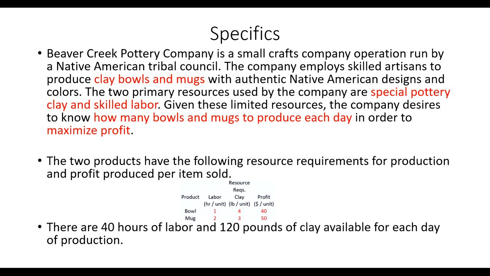The third and final step in this situation is we have to find our constraints or limitations. Our constraints or limitations are what govern our choices. It's what tells us what choices are and are not possible. So we see down here, there are 40 hours of labor and 120 pounds of clay available for each day of production.